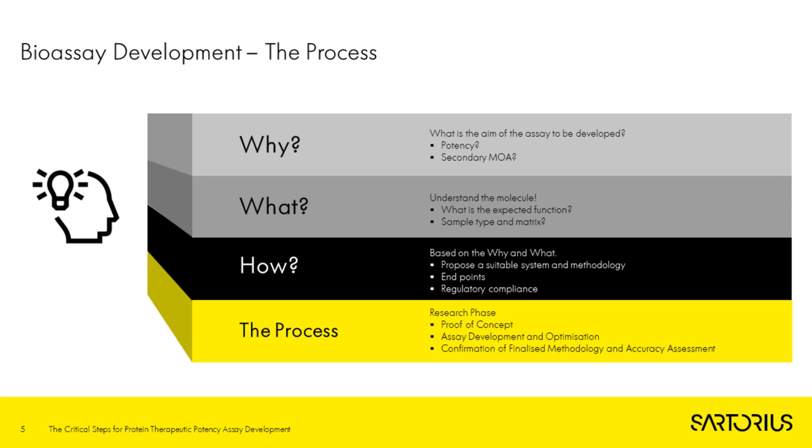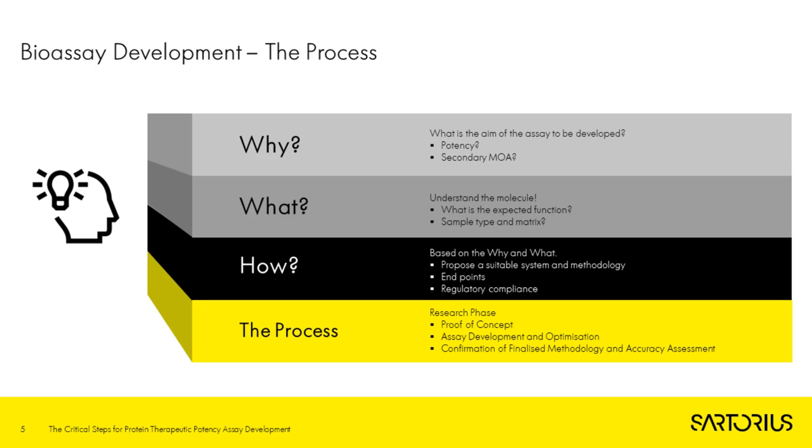And how will we develop the assay? So at this stage, Sartorius would identify a suitable system and propose a methodology. And it's important to consider the endpoint and the future need for regulatory compliance. We should make informed decisions about the technology that we're going to use and its suitability for future GXP applications, and also the complexity of the proposed assay system.